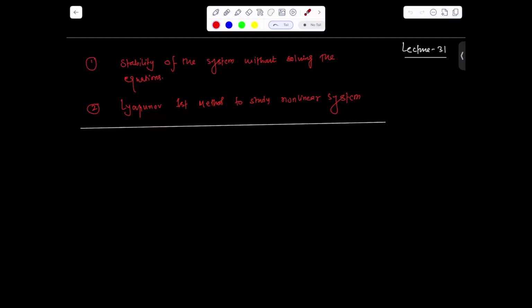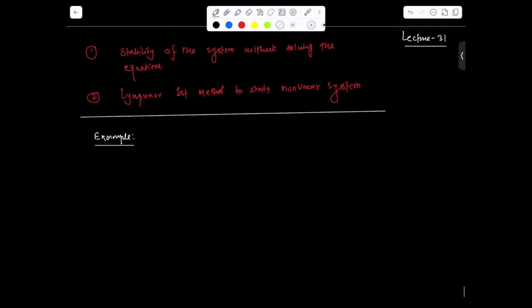Before we proceed to the Lyapunov first method, we'll come up with a motivational example, how we can do the analysis for the nonlinear system. So let's have an example. Here we're going to consider a very simple system, the mass spring damper system.